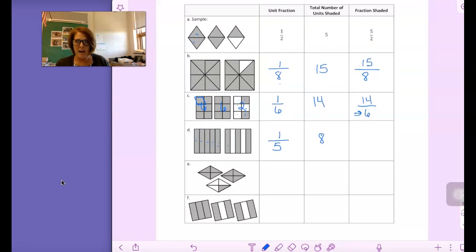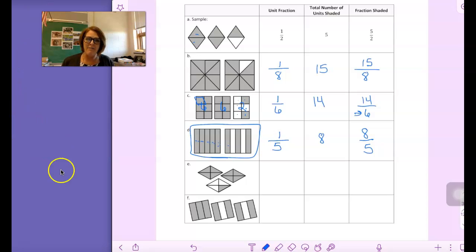And for our fraction shaded that's greater than one whole, it now becomes 8/5 because we have 8 shaded spots and 5 fractional units in each. Go ahead and do letter E and F on your own, and then come on back and check your work.